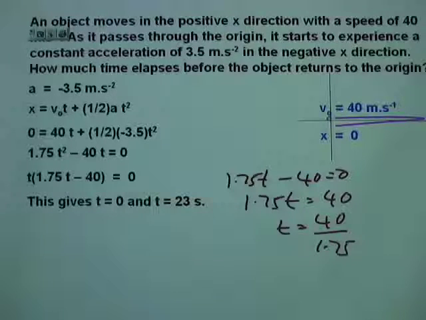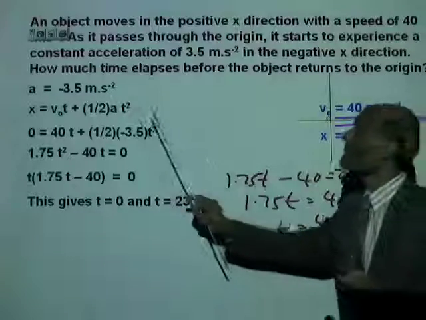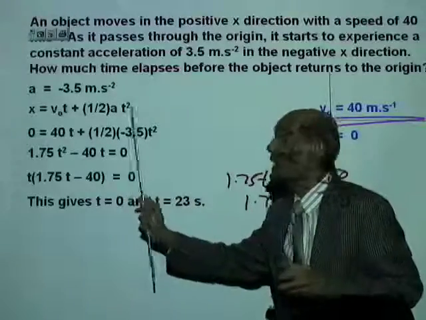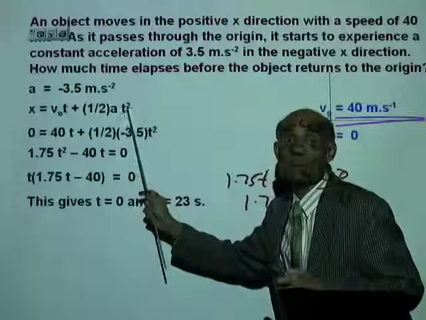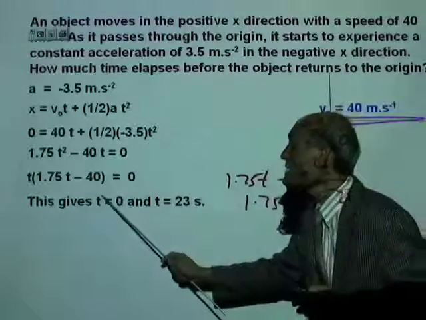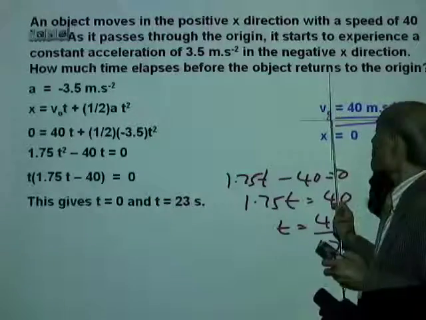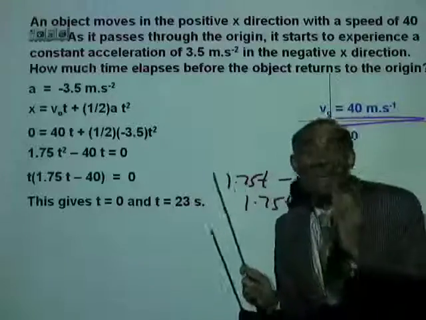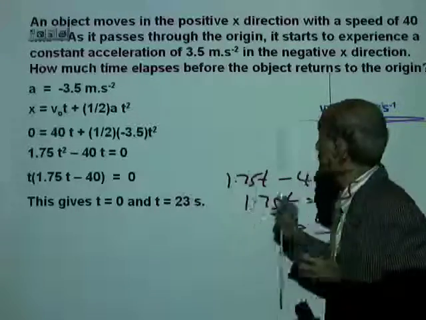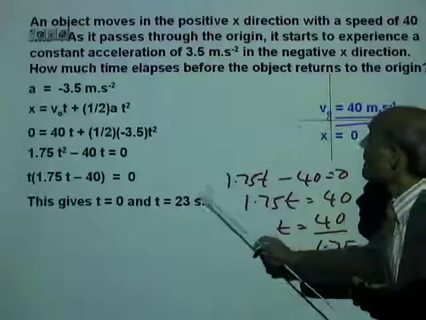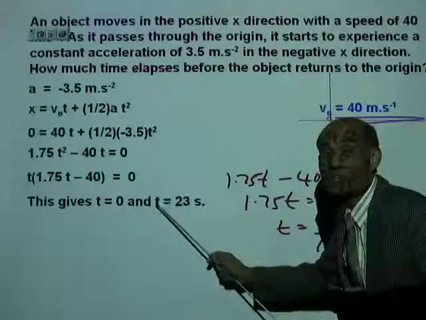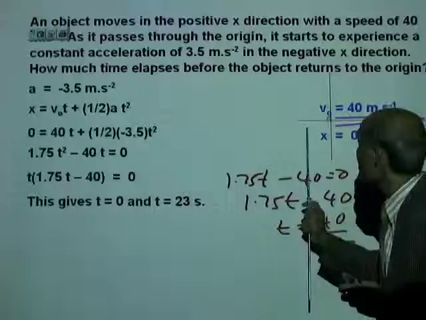So you have two values for this t. In other words, we are told that this x will be 0 for two values of the time. When t equal to 0, that is when the object is at the origin in the beginning. So x equal to 0 when you start at t equal to 0. And x will also be equal to 0 after 23 seconds.